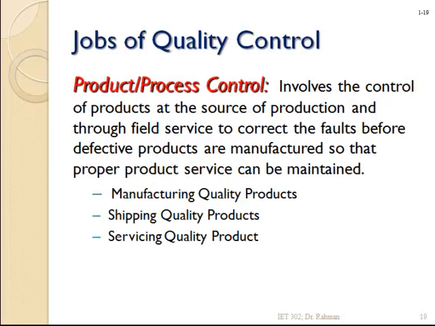And then another aspect of quality is the product and process control. And here in this course, our main focus would be to look into how we control the process quality, which involves maintaining the production or source of production.